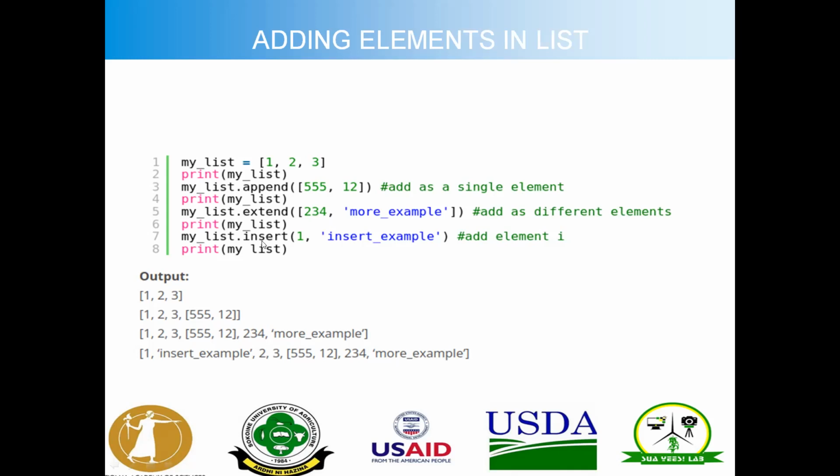The last function, which is insert, will add the value insert example by checking the index which has been provided. So it means you need to check what the index is and then insert the value which has been provided.